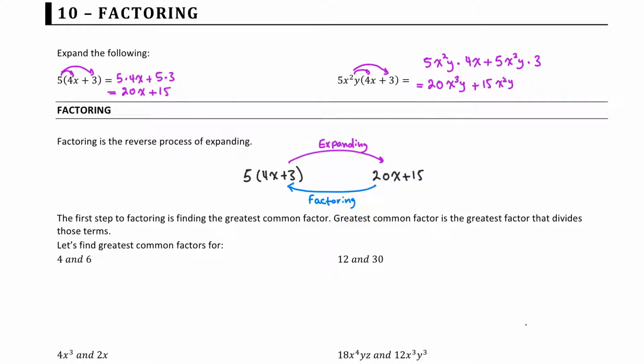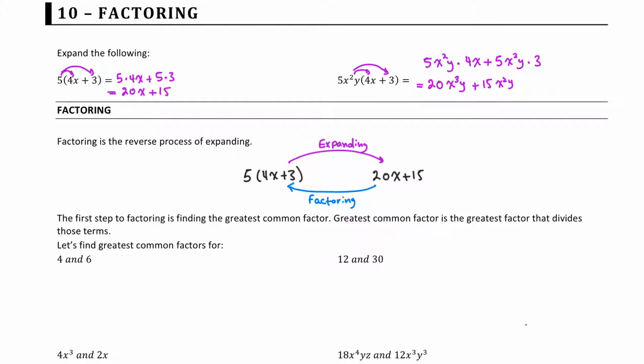So we're bringing back the brackets, kind of. Factoring is the reverse process of expanding. That's the best definition. If we have 5 times 4x plus 3, to expand it, we get 20x plus 15. But to factor it, we go back from 20x plus 15 into 5 times 4x plus 3.